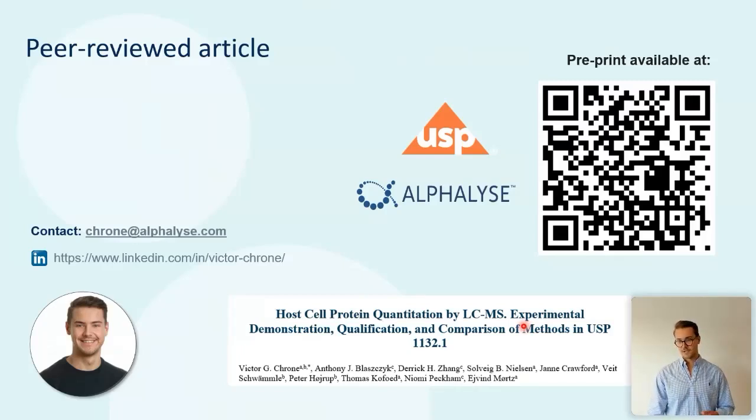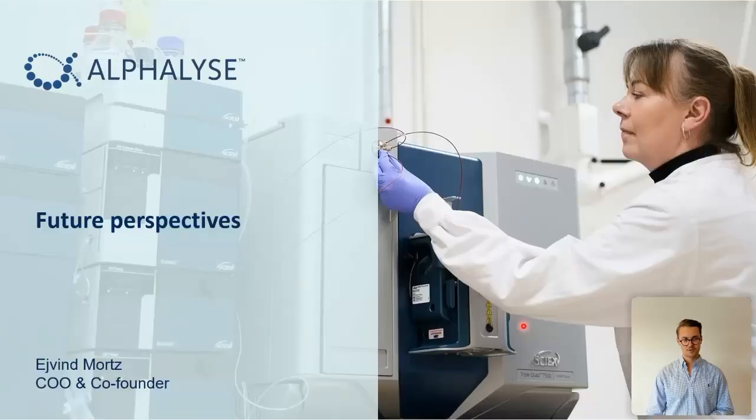The paper itself is more or less a practical guide to implementing USP 1132.1 in your workflows, and goes into some of the deeper details of how to do this. So with that, I would like to hand over to Ivan, where he will be digging into what this actually means for the future.